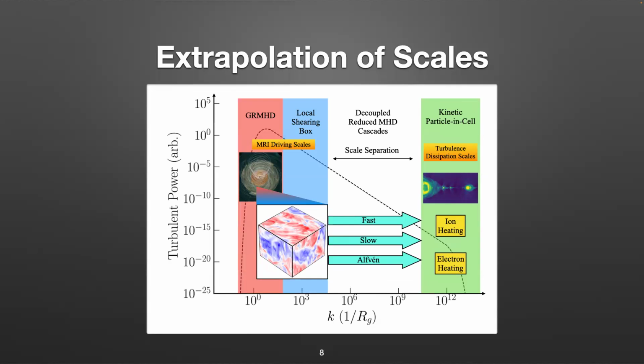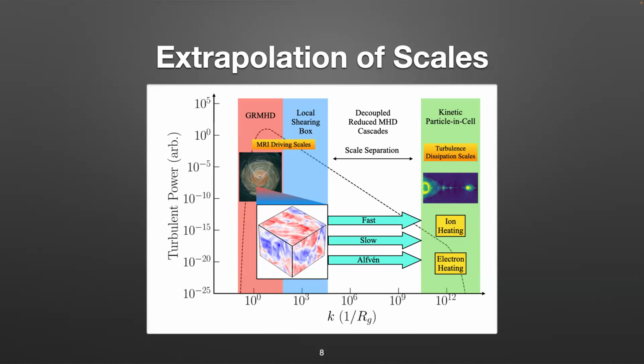Many of the people in the audience here work on turbulence in the local shearing box, and the magnetorotational instability is captured in these local shearing-box approximations very well. So effectively what you do is you take a little patch of the MHD simulation, you zoom in, and ask the question, what does the normal mode decomposition look like in this box?